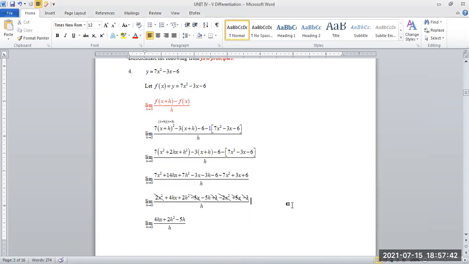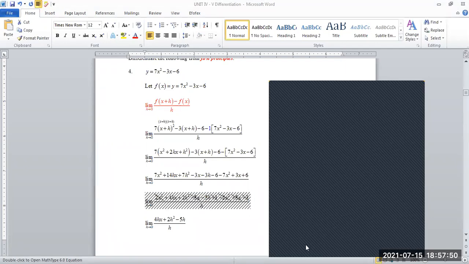Then I'm going to have 7x, the 14x, the plus 7, minus 3, and then minus 3 again, and then minus 6, and then minus 7, and then a plus 3, and then a plus 6.